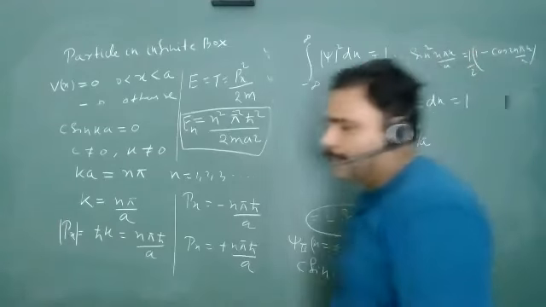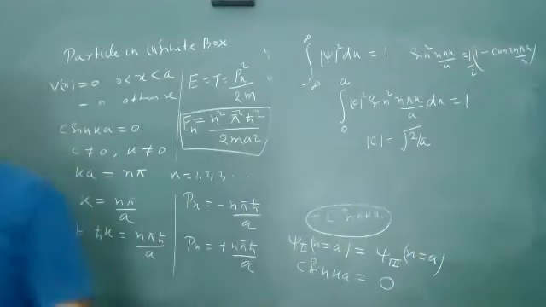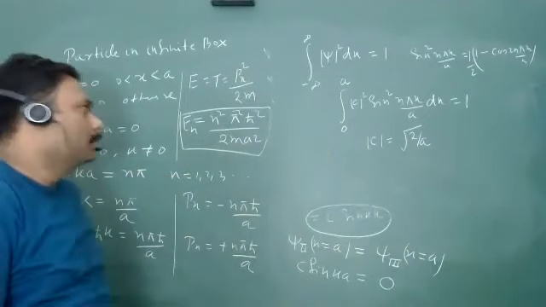You can get the value of mod c equal to root under 2 upon a. It's a very simple stuff, so this is your normalization constant.